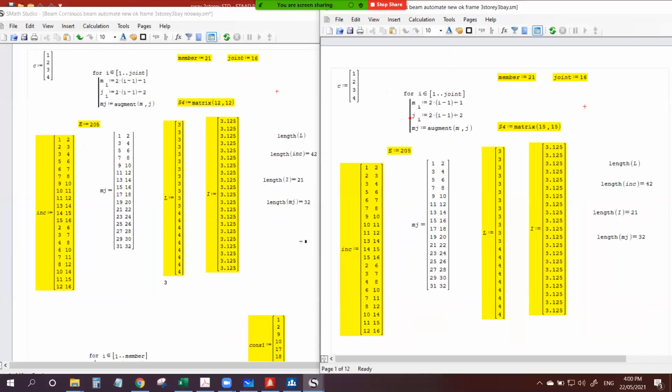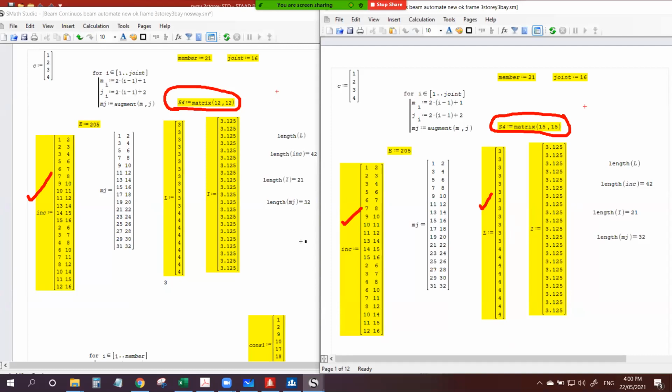So for the non-sway, I assumed an initial null matrix of 12 by 12. For the sway, I now make it 15 by 15. The incidence is still the same.